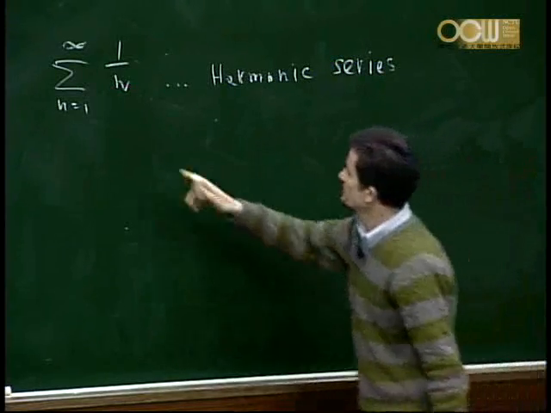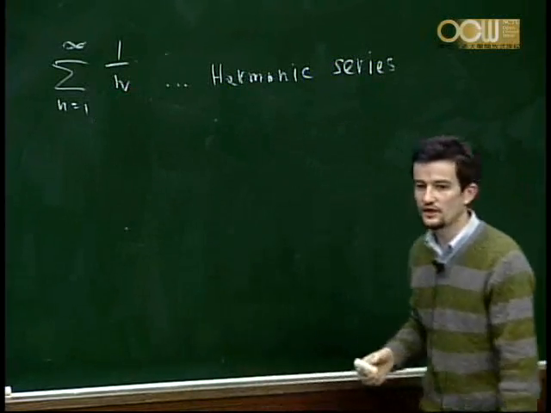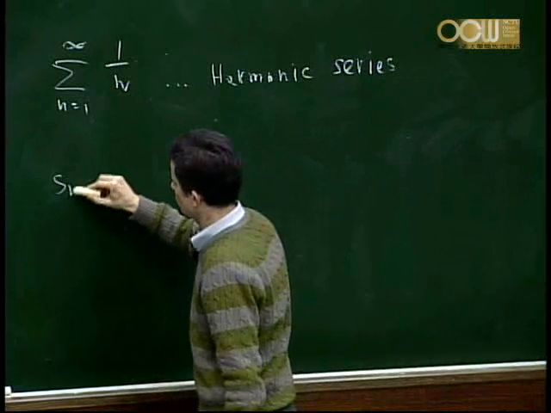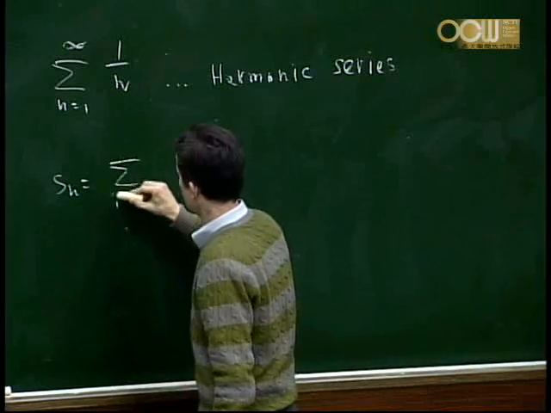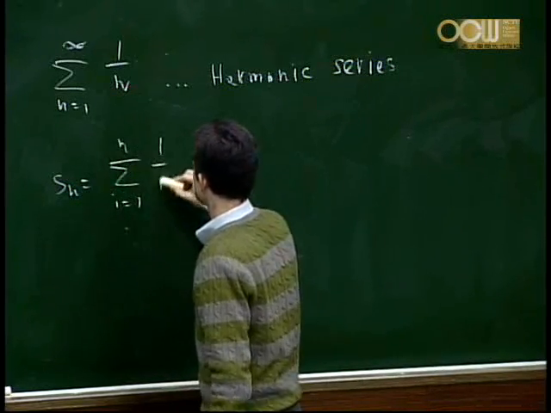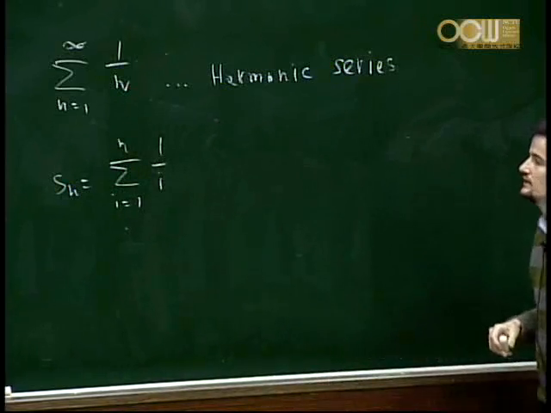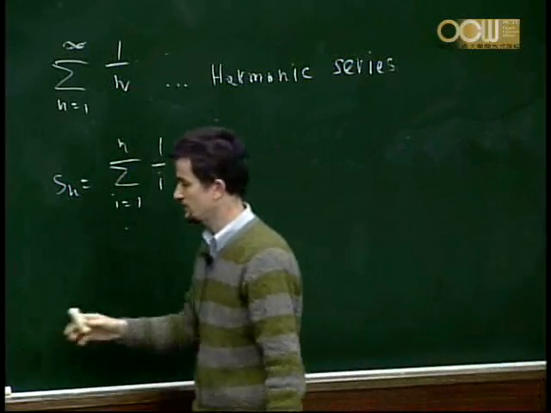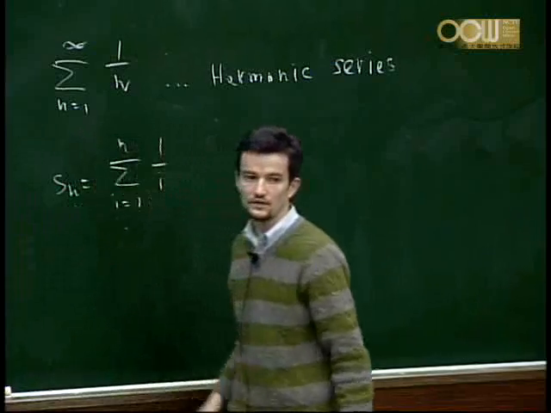In order to understand whether this series is convergent or not, we have to look at the sum of the first n terms and discuss the behavior of this sequence here.